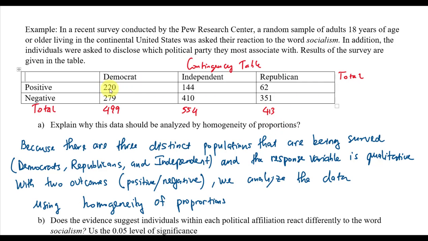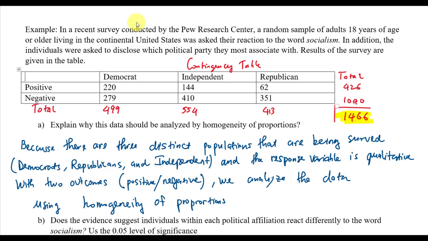And then if I add all the rows together, I get 426. If I add these three, I get 1040. And make sure if I add these two, I get 1466. And if I add these three, I still get 1466. So this is the table total.